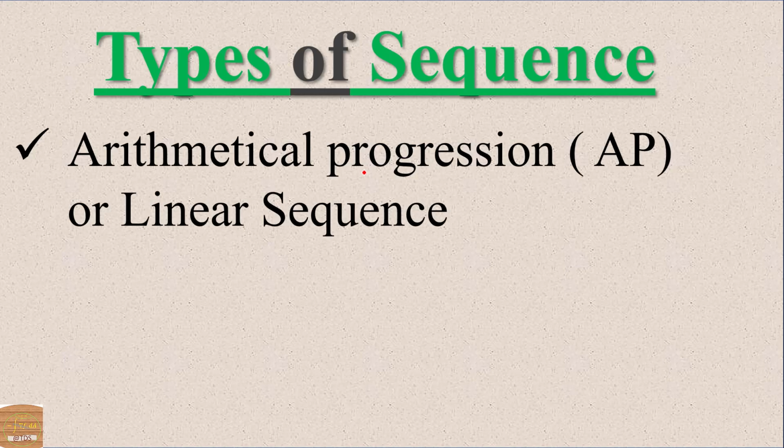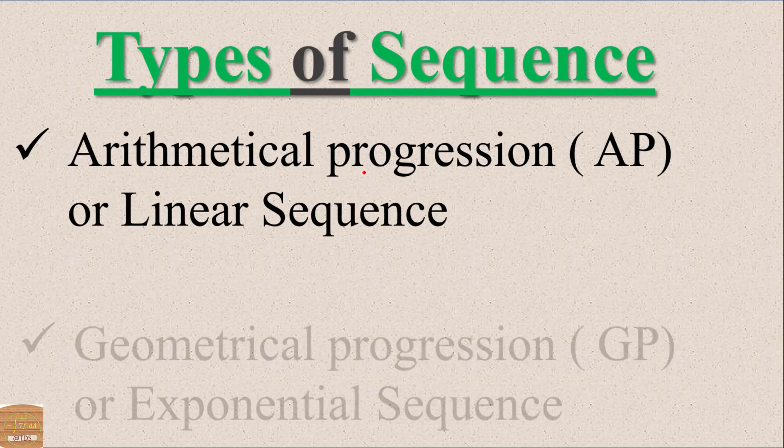Anytime you hear linear sequence, it's the same as AP. We have many questions for this type, and we have a way of solving them. We are going to look at them one by one. The next one has to do with geometrical progression.